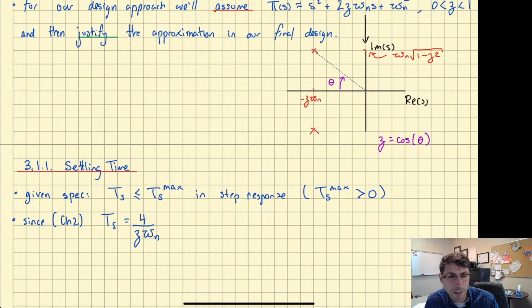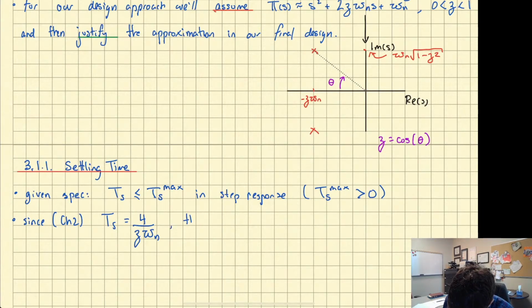So we can convert this spec into a constraint on the real part of the poles. The spec is equivalent to zeta omega n greater than or equal to 4 over Ts max.